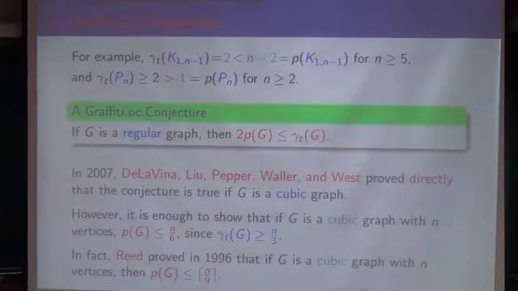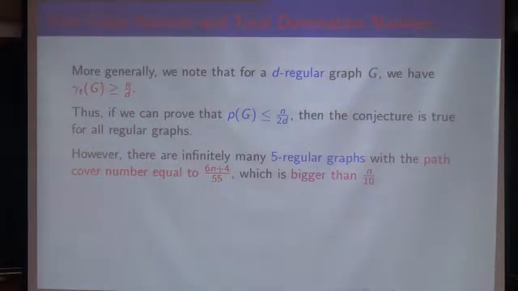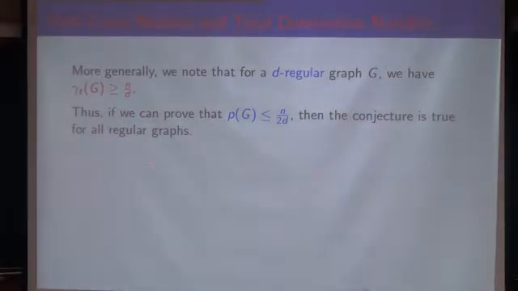But it's not really necessary for the conjecture, right? Well, that's also one way. I mean, that's also good. Actually, that's a better way, probably. Well, let me explain why this approach doesn't work. For the d-regular graph, we know that total dimension is greater than or equal to n over d. So if we show that the path cover number is less than n over 2d, then the conjecture is true for d-regular graphs.